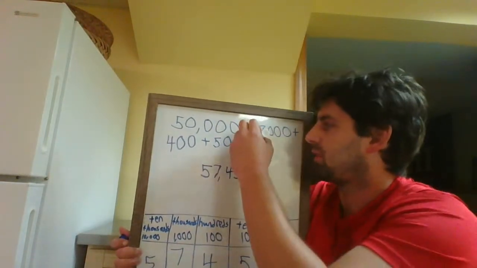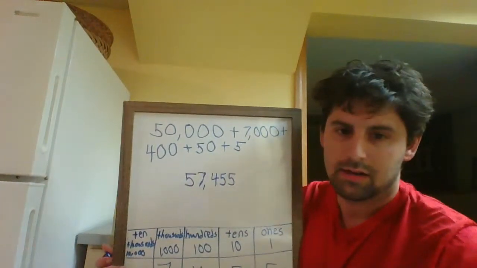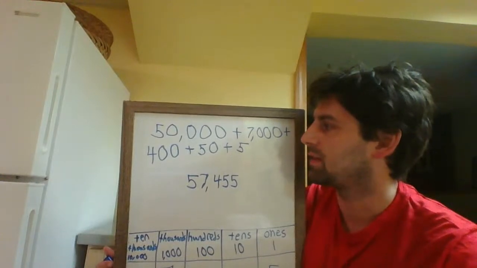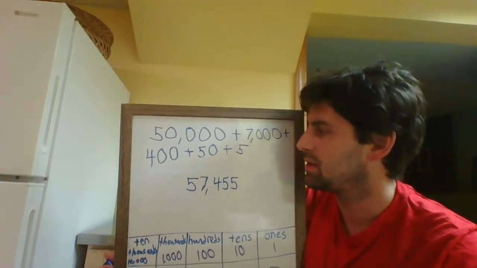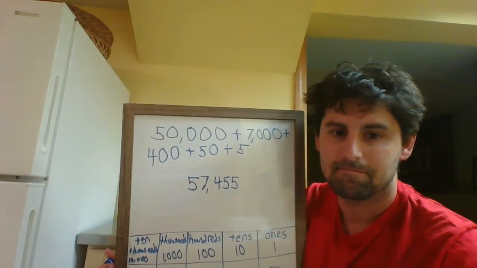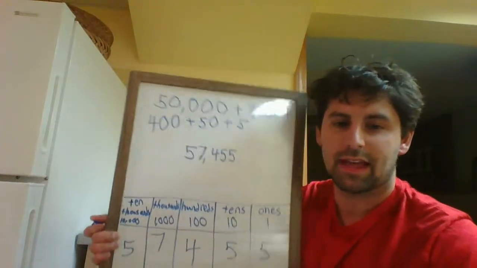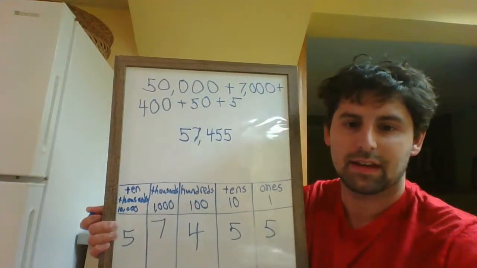And the 5 in the ones place has a value of 5. So we have 50,000 plus 7,000 plus 400 plus 50 plus 5. And that is how you write 57,455 in expanded form.